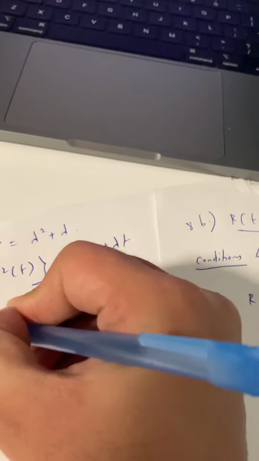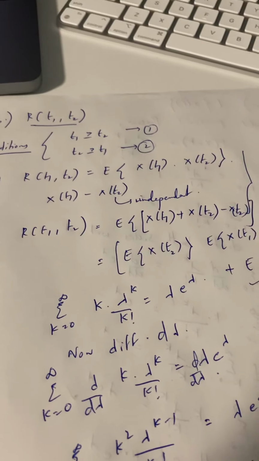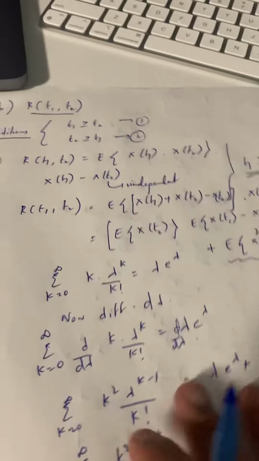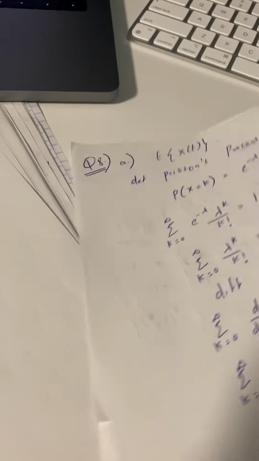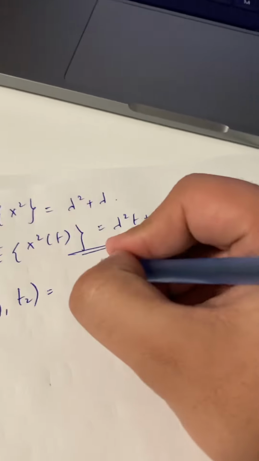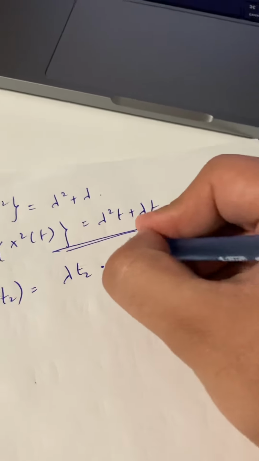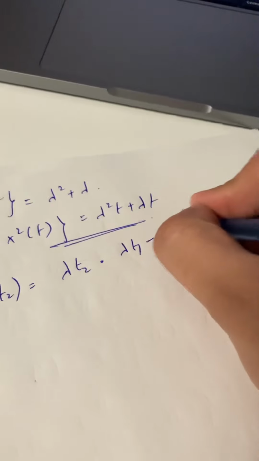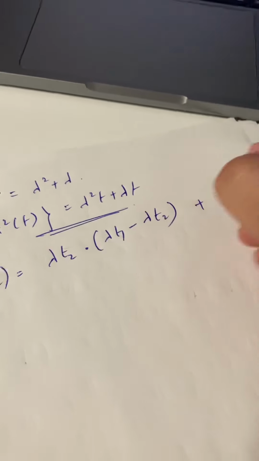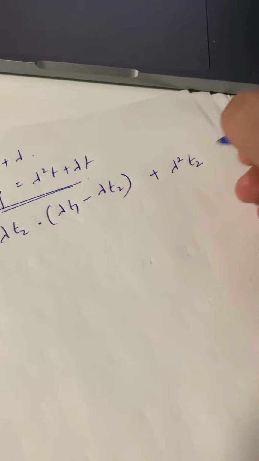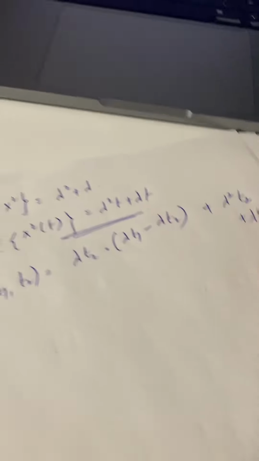Hence it becomes autocorrelation of t1 comma t2 equal to, we have calculated expected value as lambda t, correct? So this becomes lambda t2 into lambda t1 minus lambda t2, plus lambda square t2 square plus lambda t2, correct?